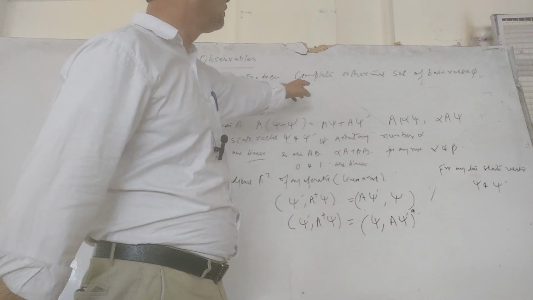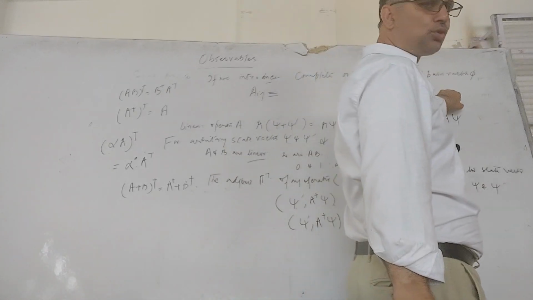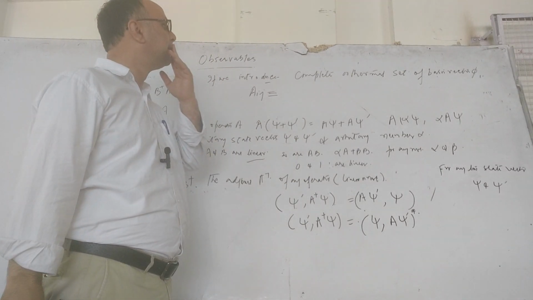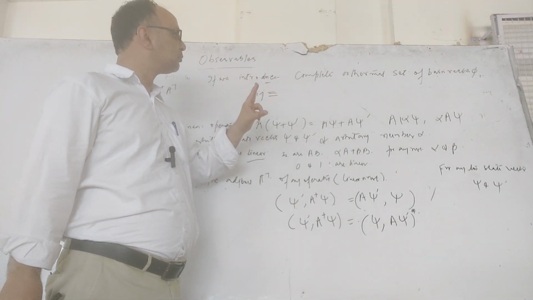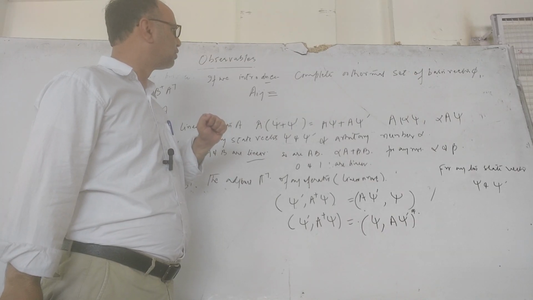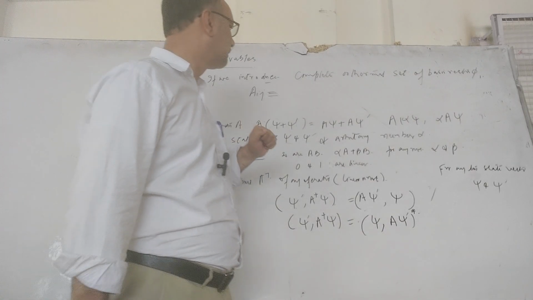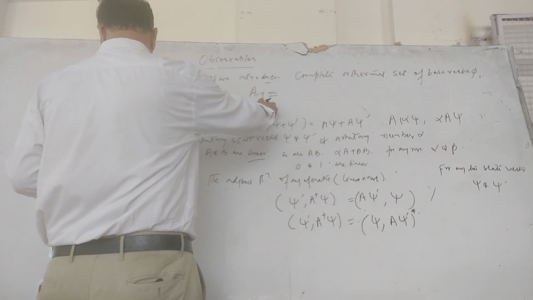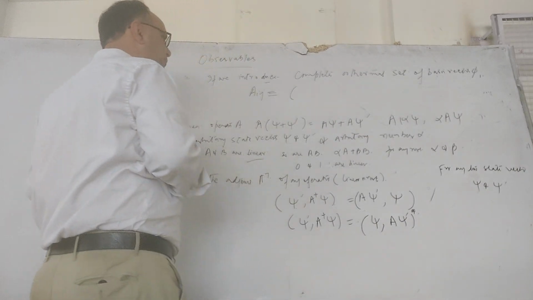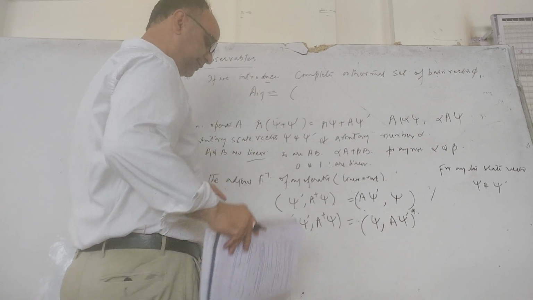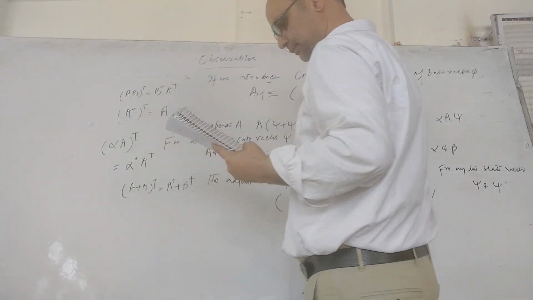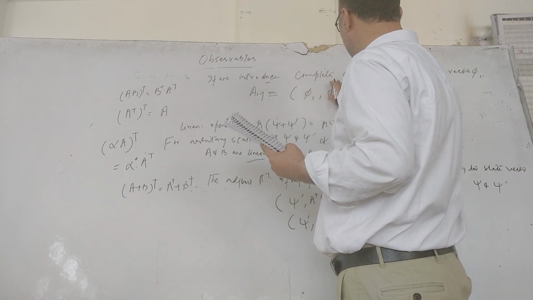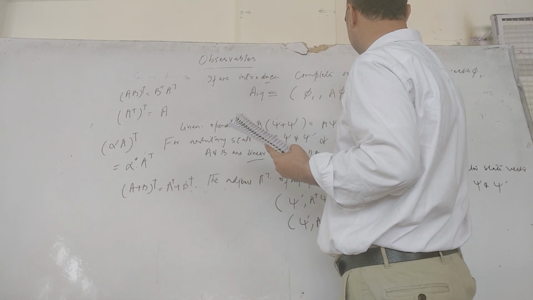So if we introduce a complete orthonormal set, the orthonormality condition of the basis vectors holds. If you want to write it in terms of Aij, the matrix components i and j, it's an inner product of phi i and A times phi j.